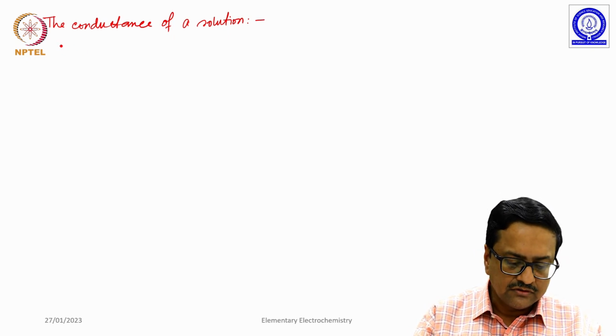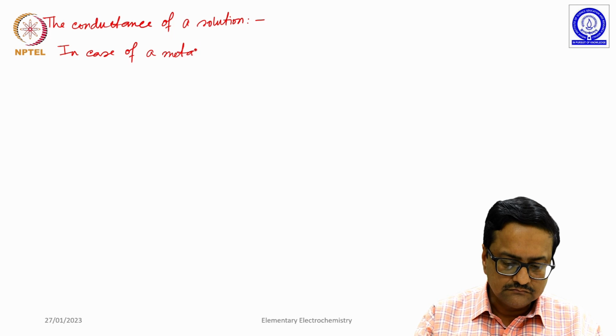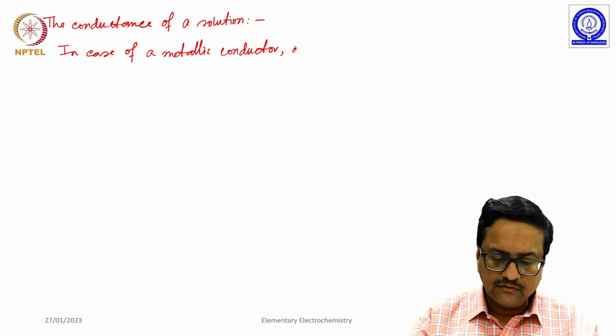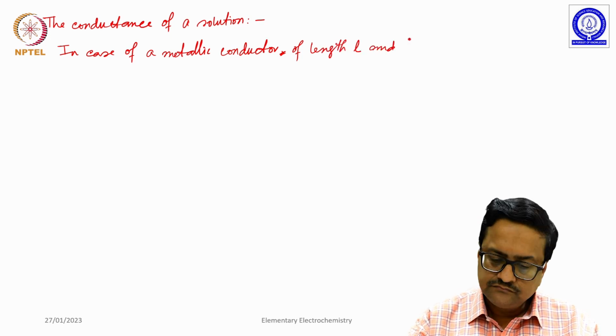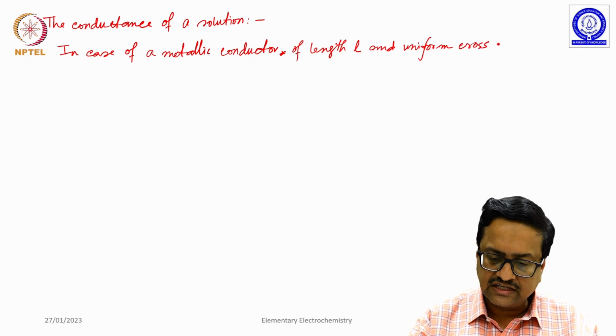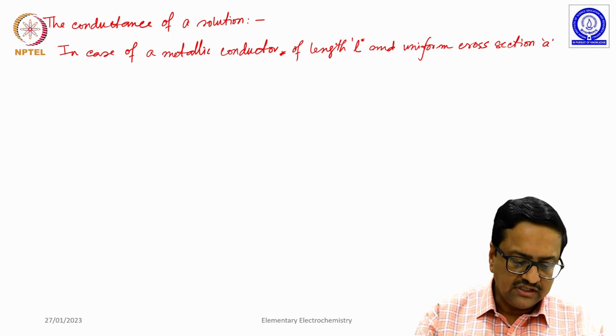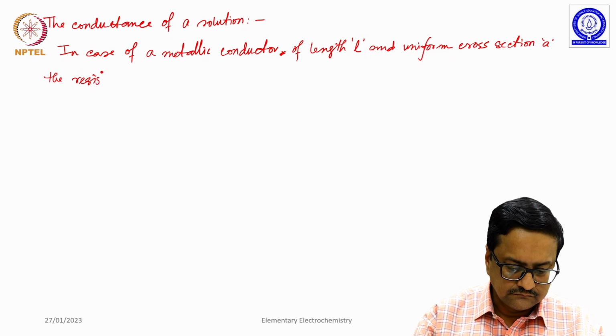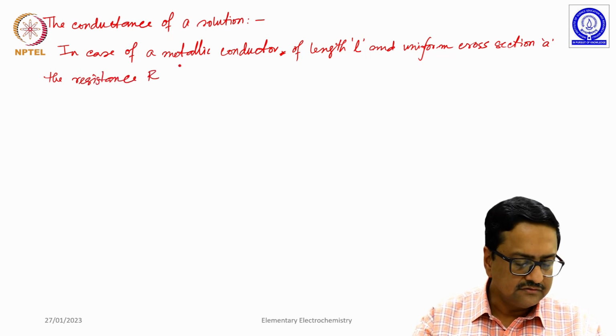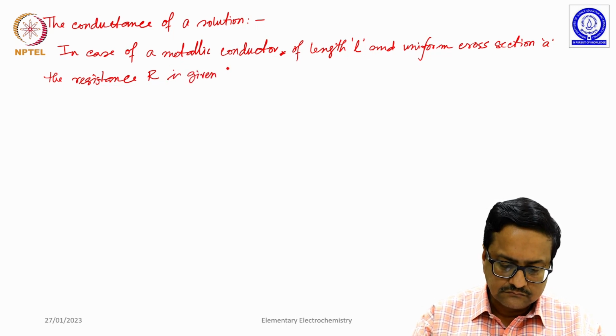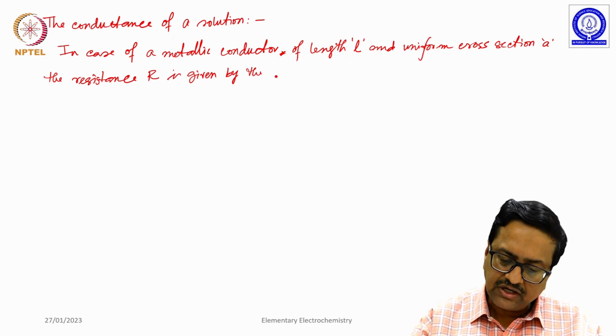What we know in the case of a metallic conductor of length L and uniform cross section A is that the resistance R is given by the following equation.